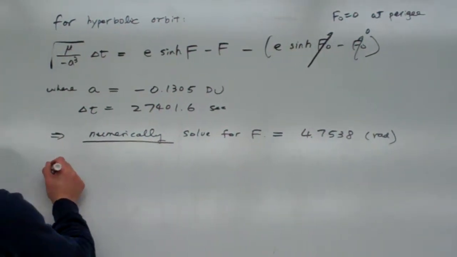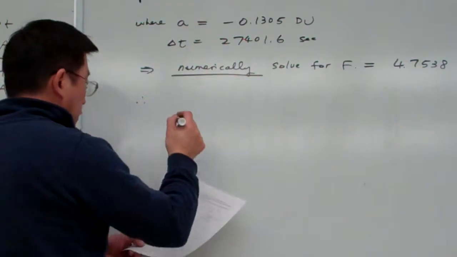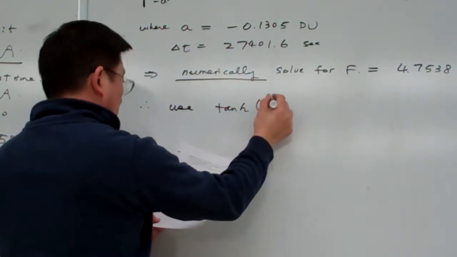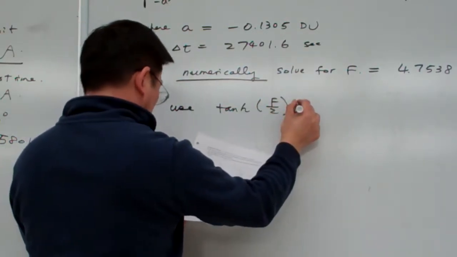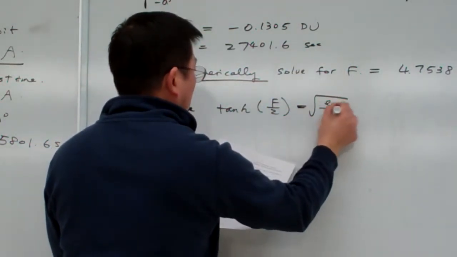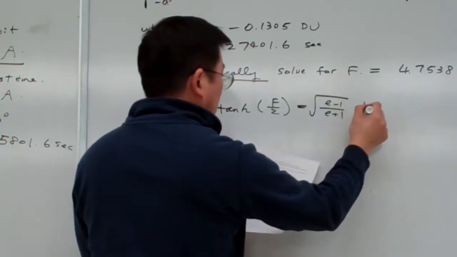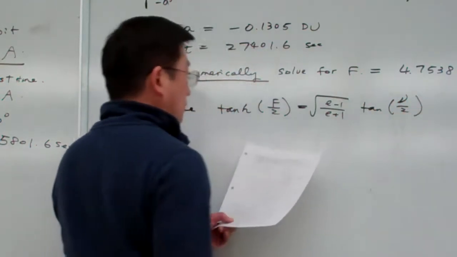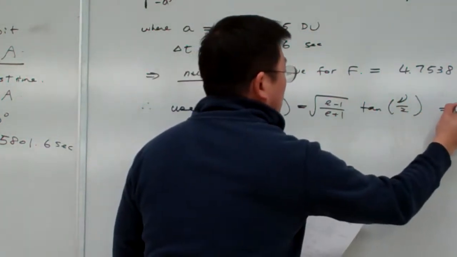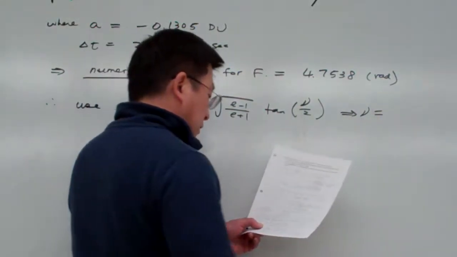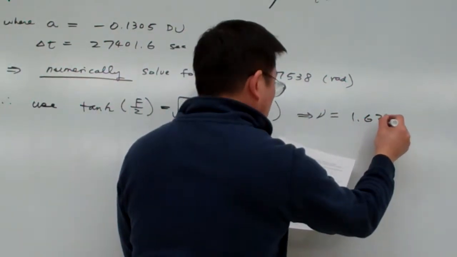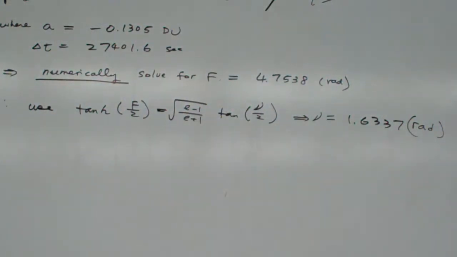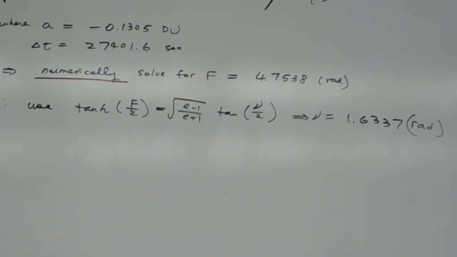So therefore, using this approach, from here we can solve for the corresponding true anomaly equal to 1.6337 radian. Okay, once we have that one, then the remaining will be pretty much straightforward.